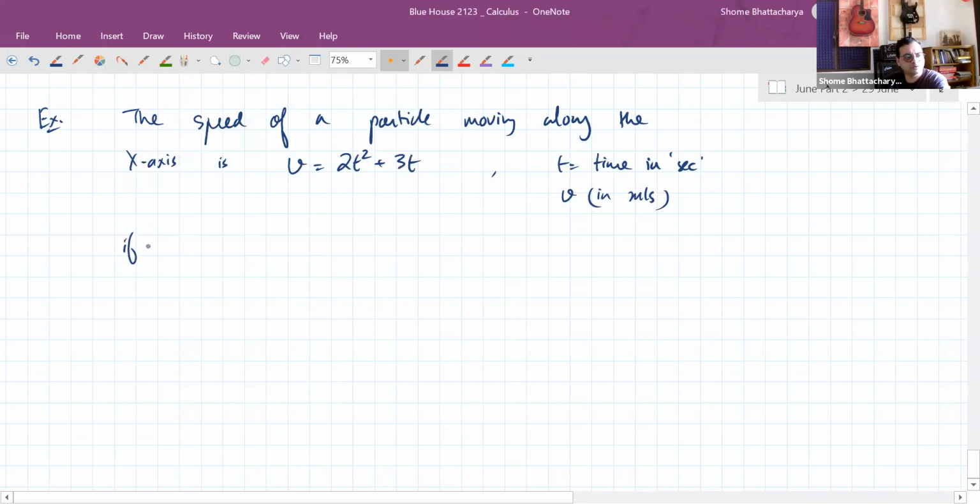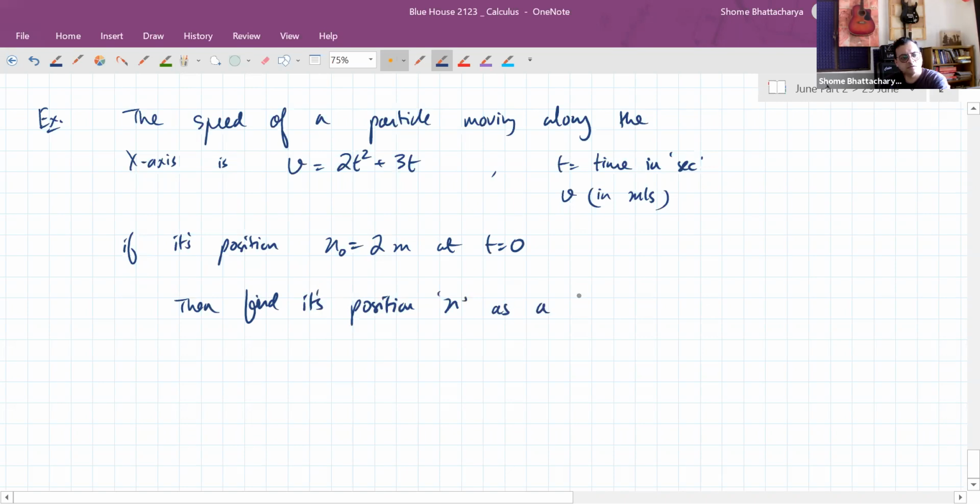So if its position x0 was equal to 2 at time t equal to 0, then find its position x as a function of time.